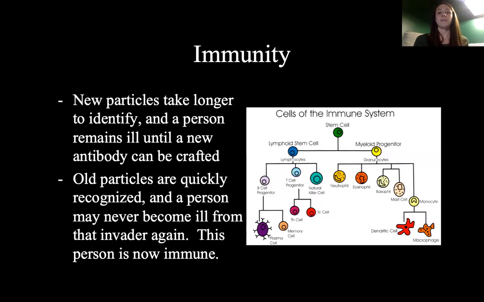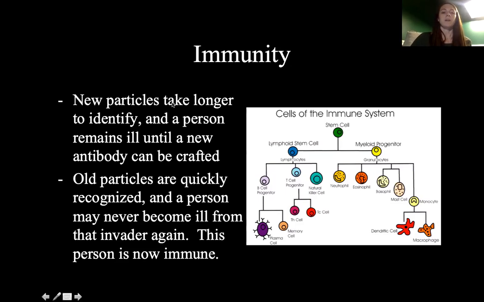Children who are in daycare, spreading germs a lot and sick all the time, actually have very good immunity to coronaviruses. So they seem to be able to fight this a lot better than adults who maybe haven't been exposed to the coronavirus in a long time, whose antibody production has gone way down, and who aren't fighting it as well. So that's one hypothesis for why kids aren't really catching it as much.